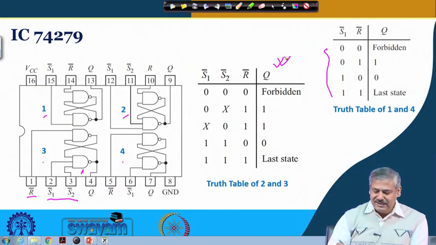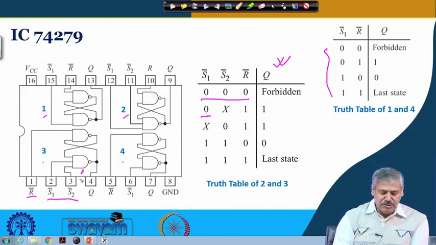So we can see that in this particular case, if all of them are 0, this is forbidden, okay, because then the output will become 1, right? And then if S1 is 0, then this output is 1, right, irrespective of whether S2 is 0 or not, because one of the forcing inputs has become 0 for the NAND gate.